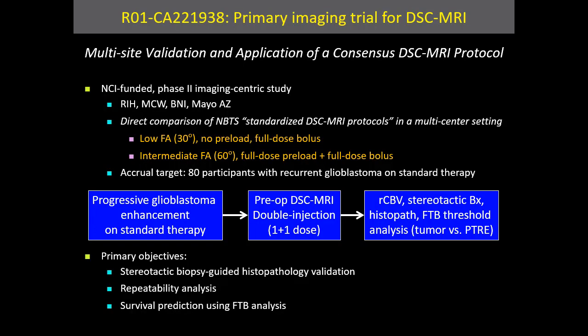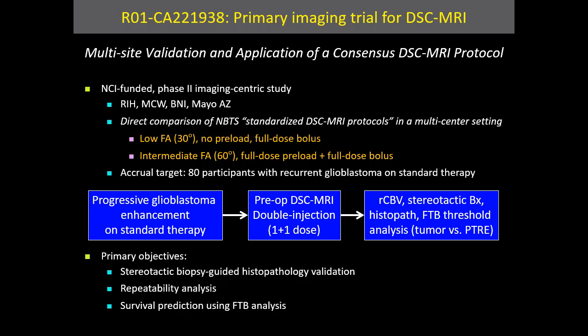So I just want to finally mention a couple of trials that are ongoing to test these concepts and to establish the utility of CBV in the clinical setting. We submitted a primary imaging trial for DSC entitled Multi-Site Validation and Application of a Consensus DSC-MRI Protocol.